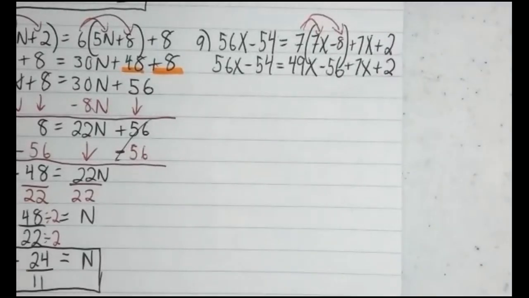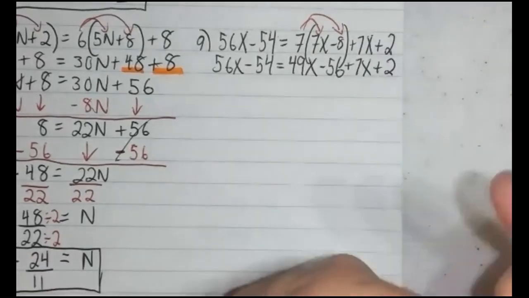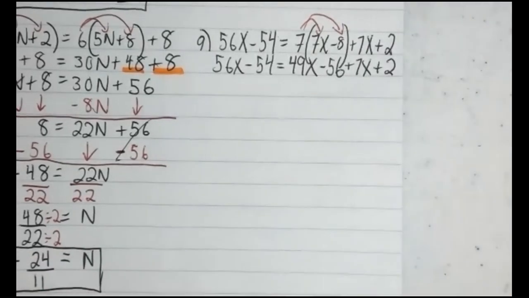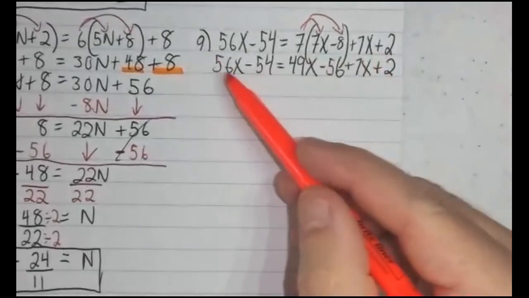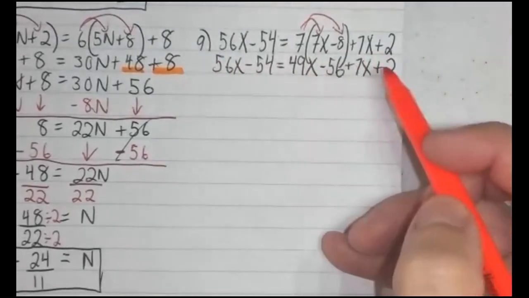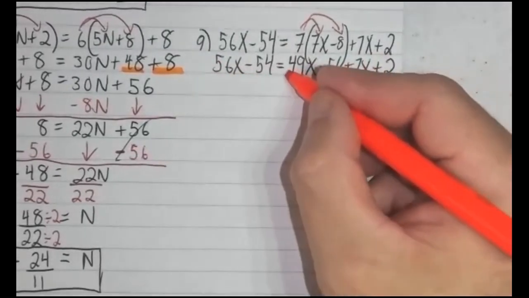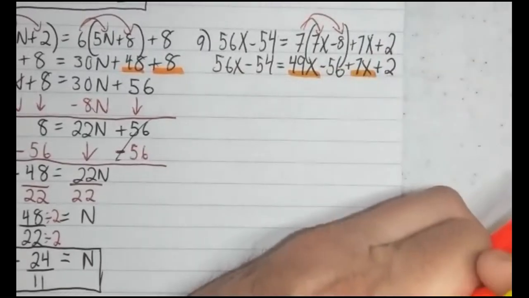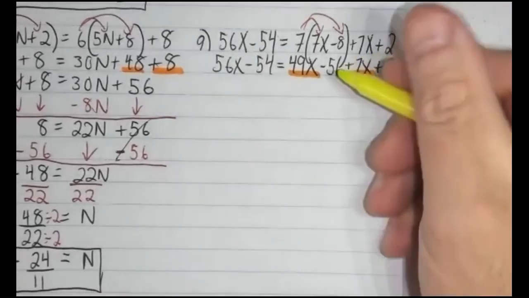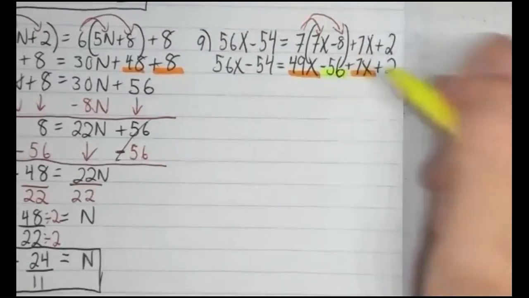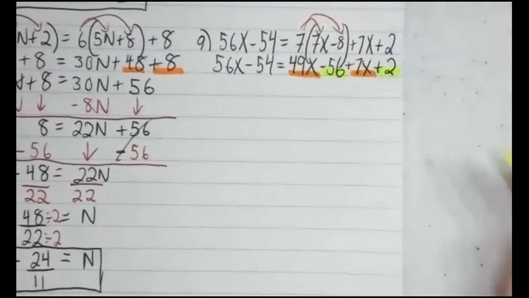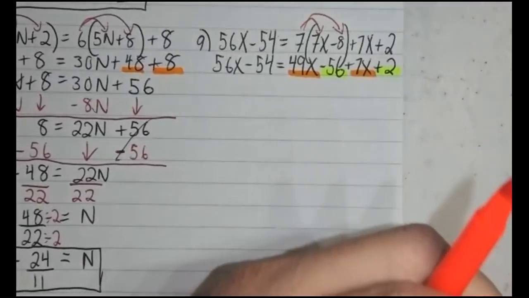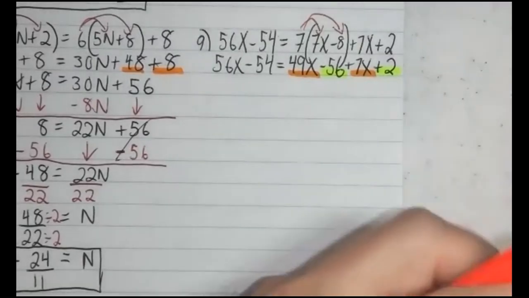I do like this example because after we distribute, we are supposed to eliminate fractions. We don't have any fractions, but we do have to clean this up a little bit. This side is already simplified, but if you look over here, we have like terms, right? We have 49x and 7x that can be added together. And then we have these constants, negative 56 and a plus 2 that can be added together.